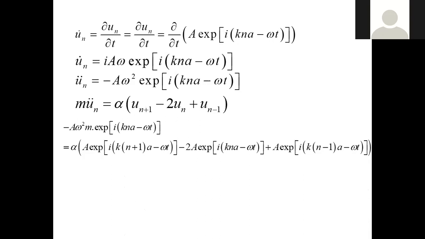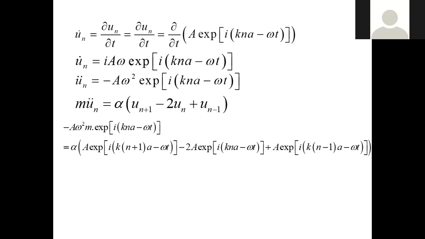Put it in the left hand side, and in the right hand side you put the value of displacement of three atoms: one for the n plus 1th atom, second for the nth atom, and third for the n minus 1th atom. So you put it in the standard wave equation, then we get this expression.